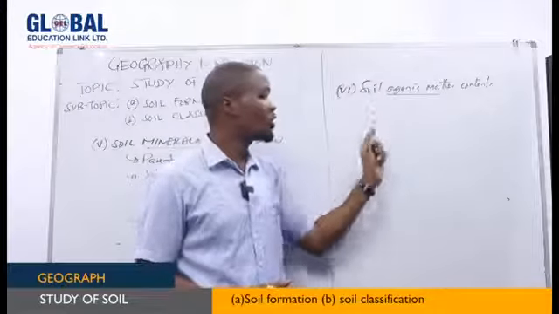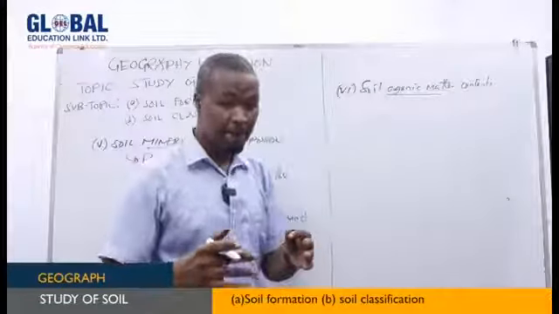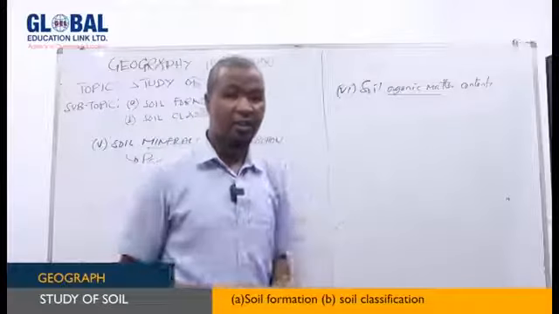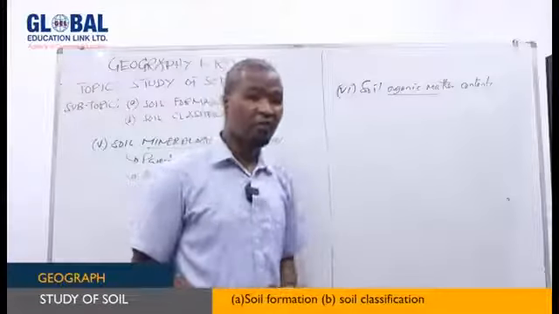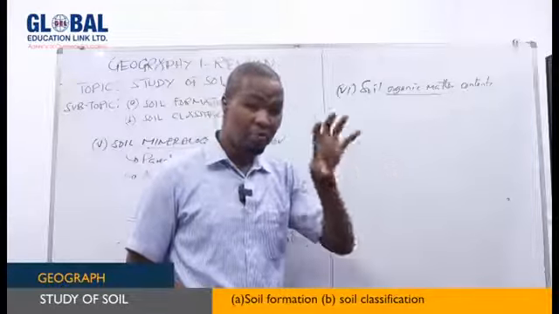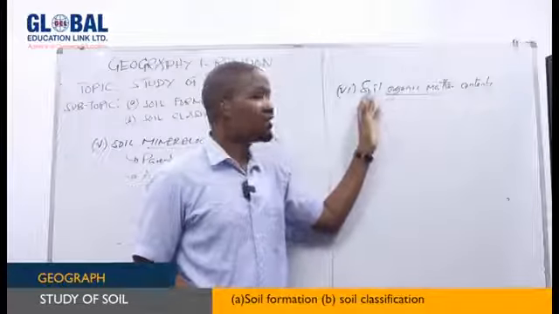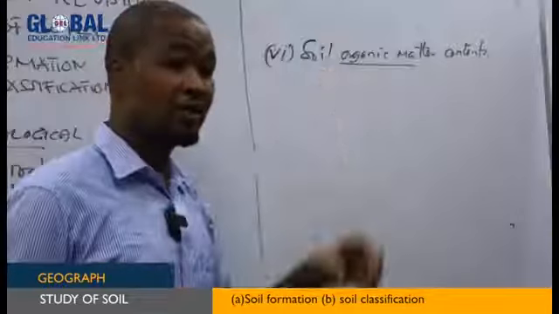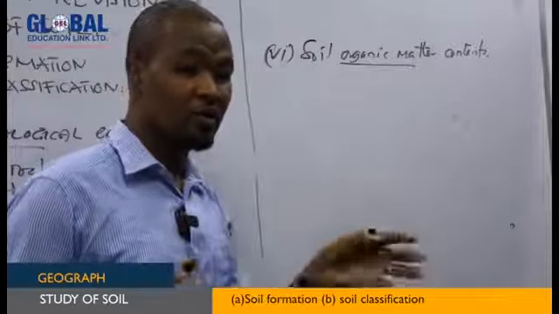We all know that the organic matter content depends on the living organisms found in that area. That's why I say most of the soil found in areas which are bare land is likely to have less organic matter content compared to the soil found in areas with dense forests.